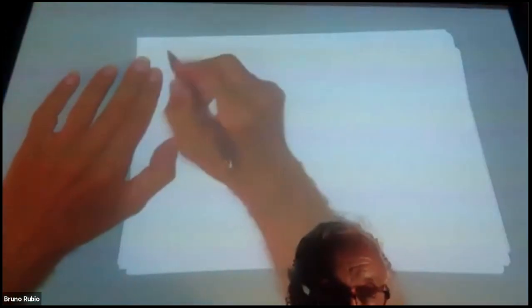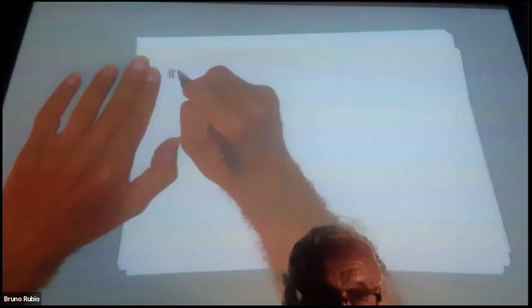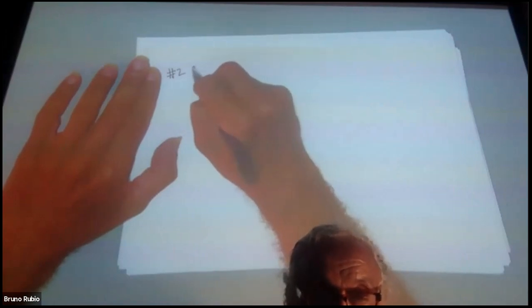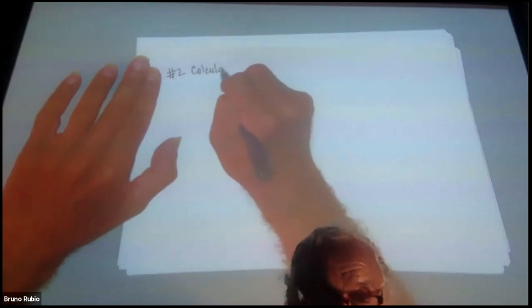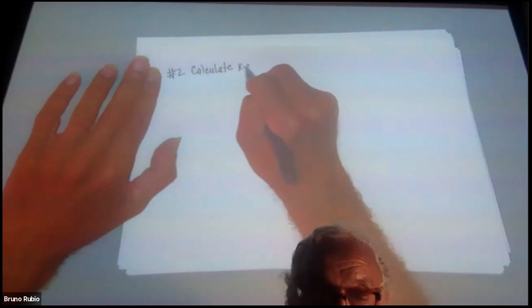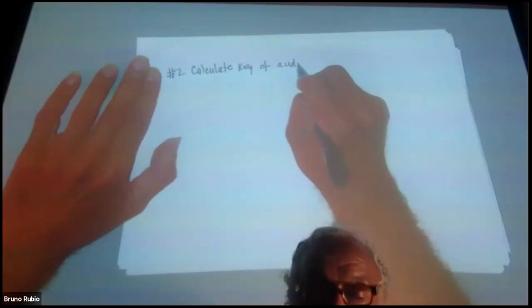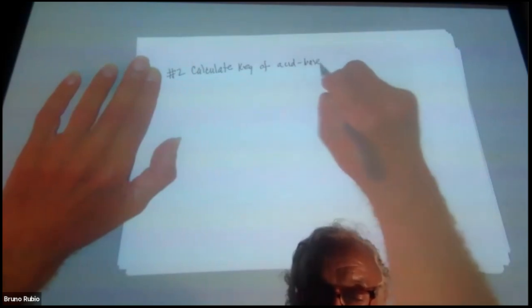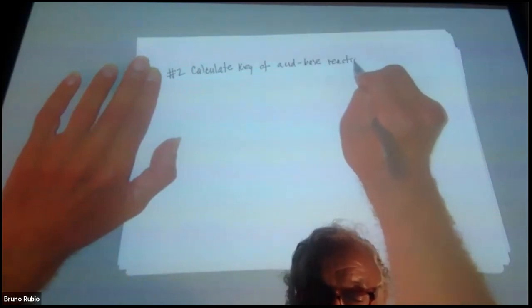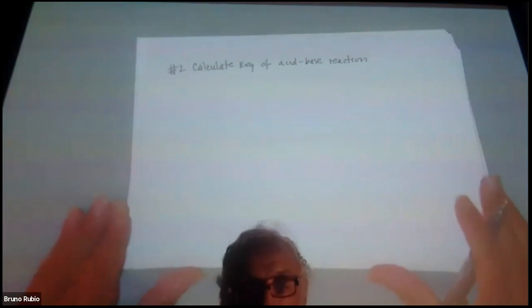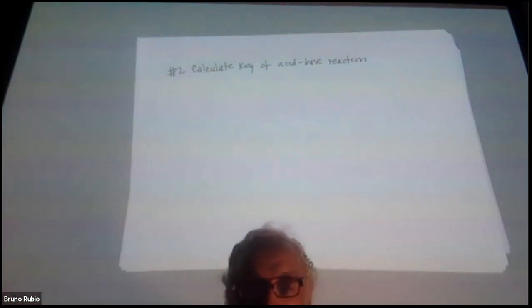Next thing we can do with pKa's is we can calculate the equilibrium constant of an acid-base reaction. All right.